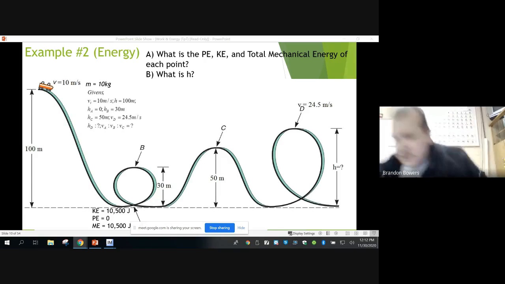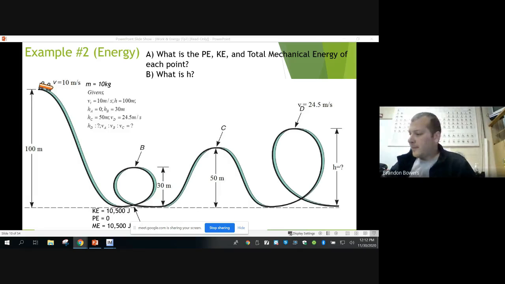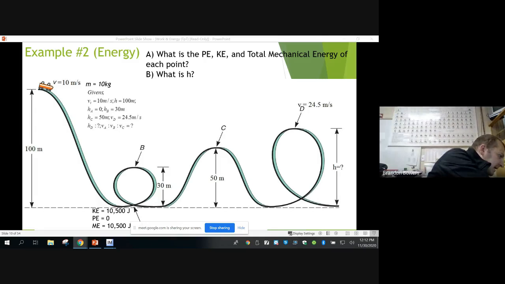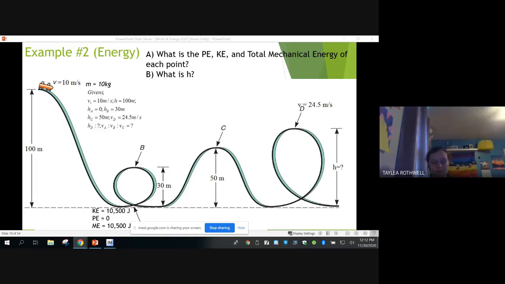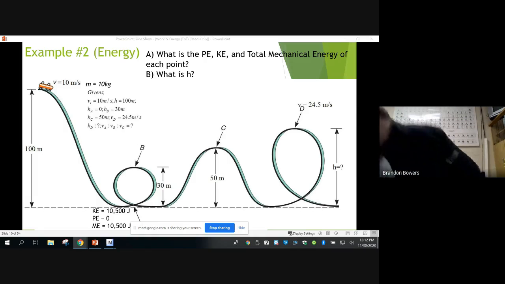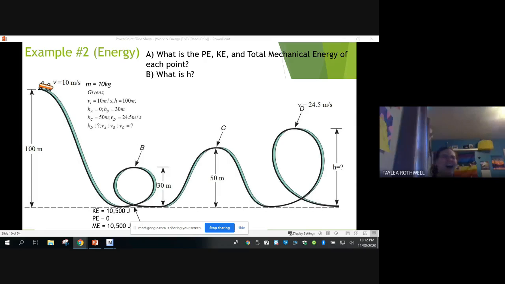So, let's try this out. Oh, I need a new piece of paper. Ooh, what color should I go with? I'm feeling purple. What you got? Purple. You say purple? Yeah. I'll be back. I gotta grab purple.